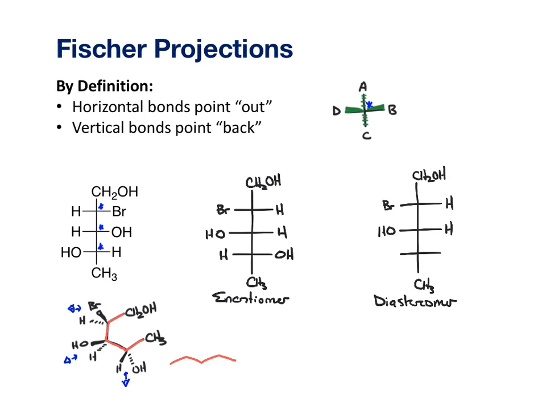Invert those two. We'll keep the one on the bottom the same. That is a diastereomer. So knowledge of Fischer projections becomes important when you start to study amino acids and carbohydrates. Especially carbohydrates in their acyclic form are usually drawn as Fischer projections.